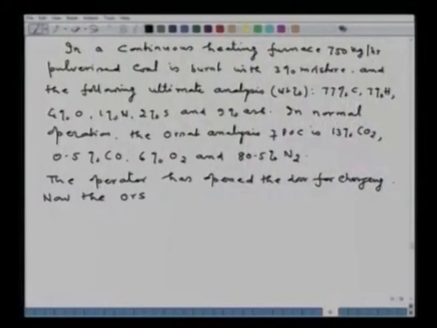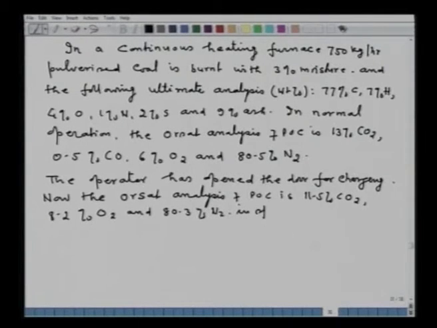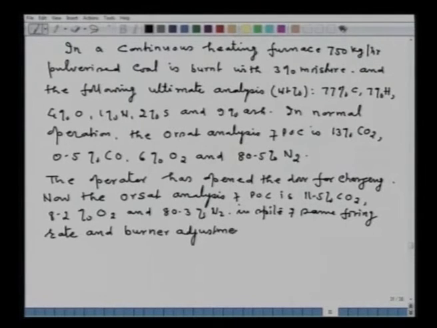So, now the Orsat analysis of POC is 11.5% CO2, 8.2% O2 and 80.3% nitrogen, in spite of the same firing rate and burner adjustment as was in normal operation.